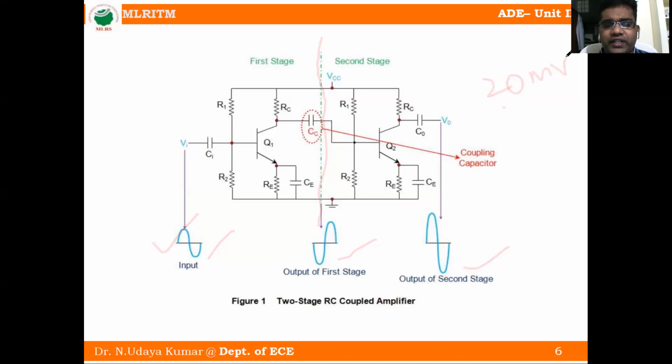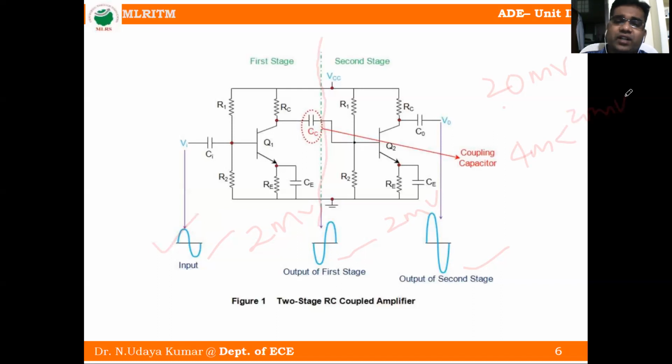So total gain is less than the product of individual stages. For example, here this is 2 millivolts, this is 2 millivolts. So 2 into 2 is 4 millivolts. So 4 millivolts is less than 20 millivolts.